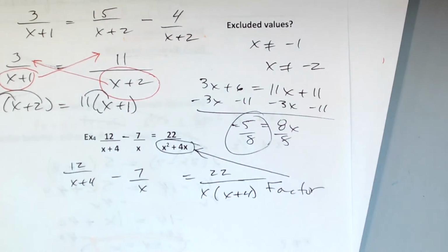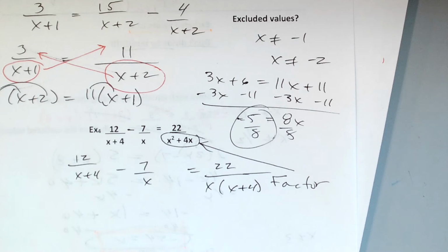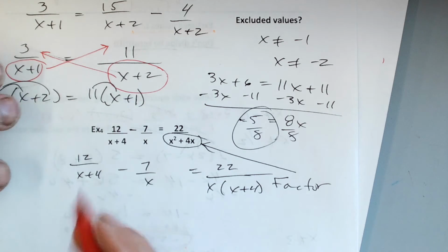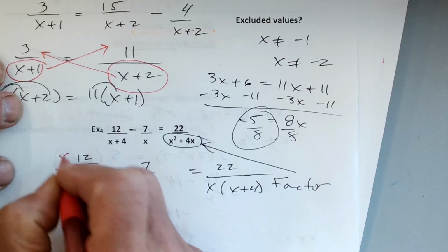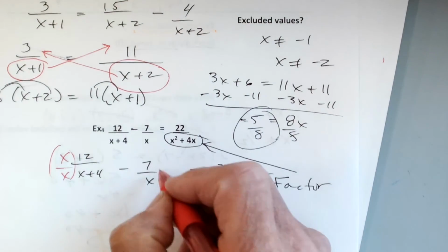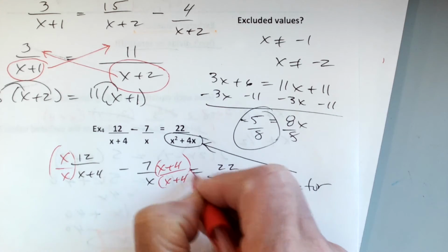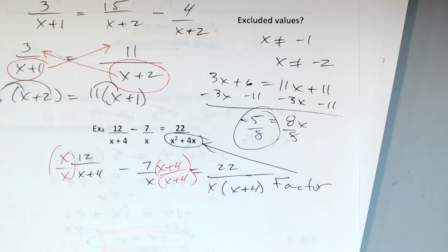Okay, so I get 12 over x plus 4 minus 7 over x equals 22 over x times x plus 4. Now I probably should get a common denominator so I can add. So let's multiply this one by x over x, and multiply this one by x plus 4 over x plus 4, right? And that would be the common denominator between all three of them.